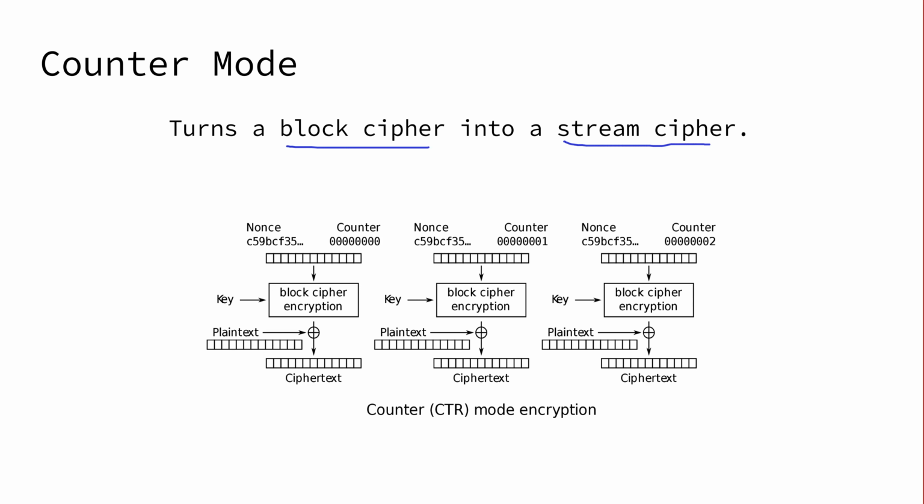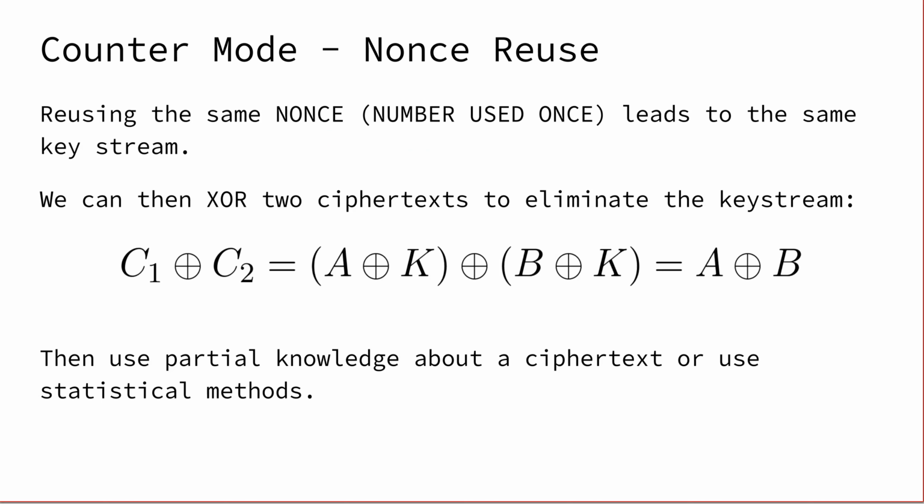One of the most common vulnerabilities in cryptography in general, I would say, is nonce reuse. So if you ever see in a crypto library a parameter that's called nonce, for example, this essentially means this is a number that can only ever be used once.